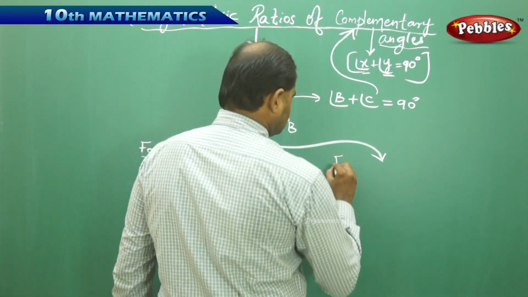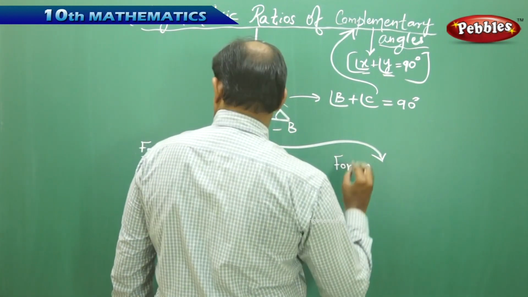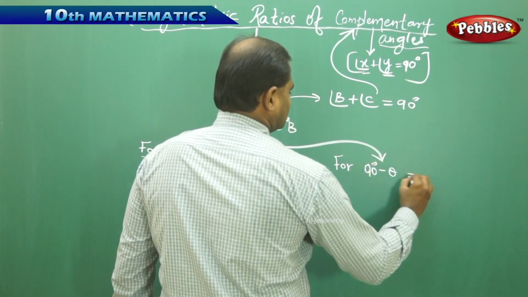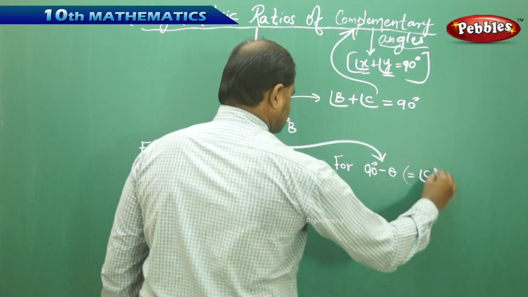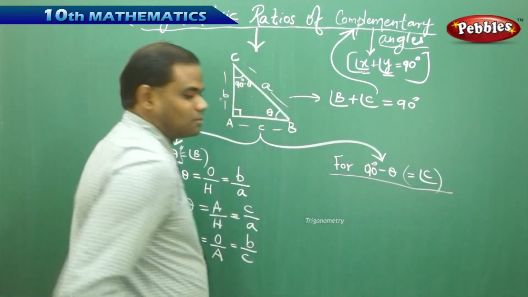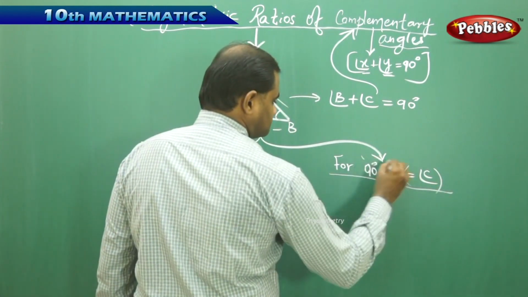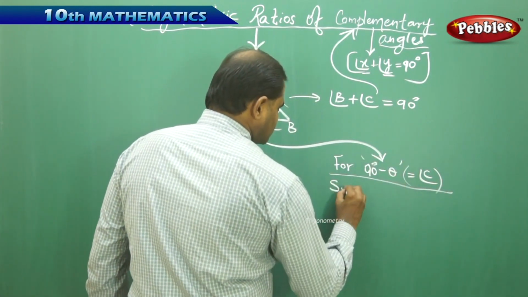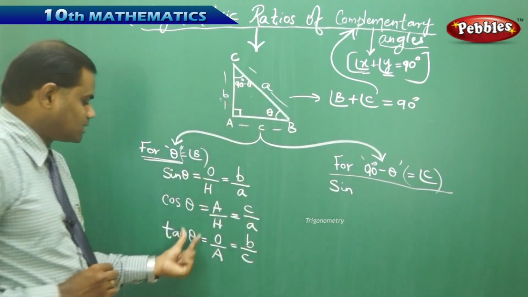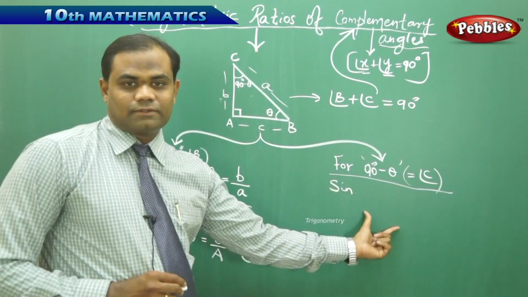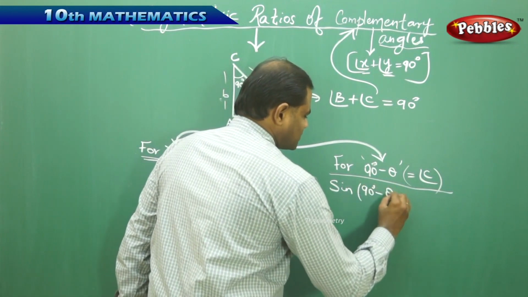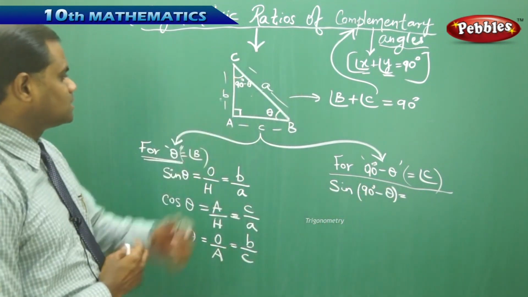Here 90 minus theta equals angle C, and here this equals angle B. Let's see what the possible trigonometric ratios are. Sine of the angle 90 minus theta, in place of theta I get 90 minus theta after the sine. So I need to find sine of the angle 90 minus theta, that is angle C.